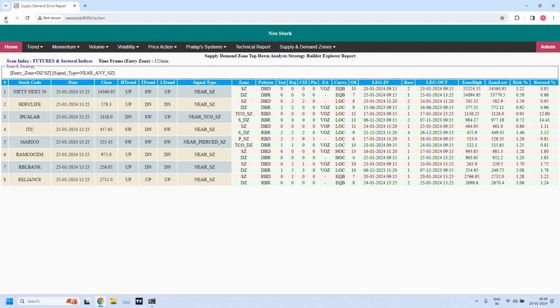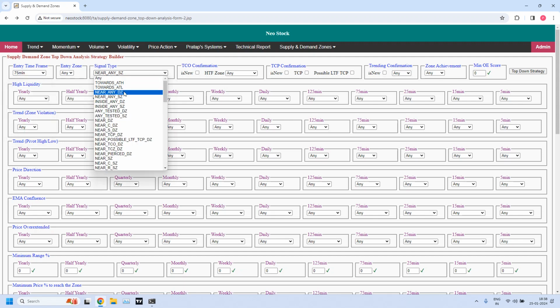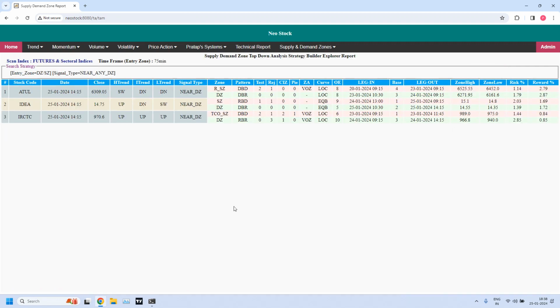Now let's go back. Let me change the time frame to 75 minutes time frame. Entry time frame is 75 minutes. Let us find the stocks near 75 minutes demand zone. So 3 stocks are filtered. Let us check high liquidity demand zones.